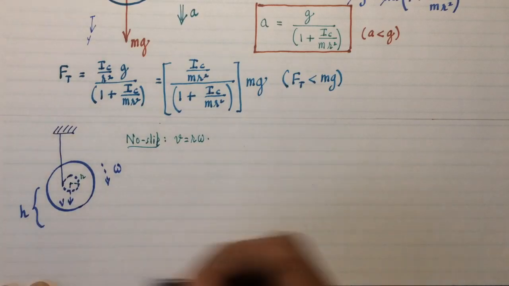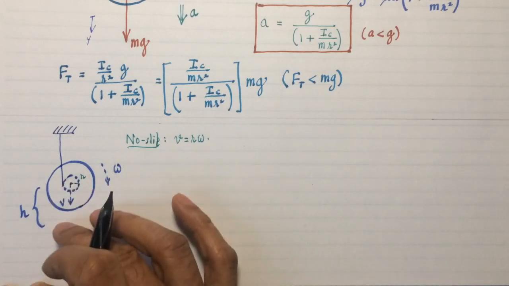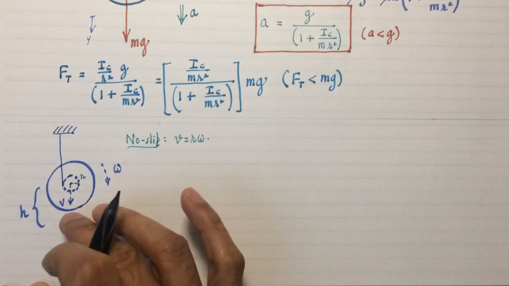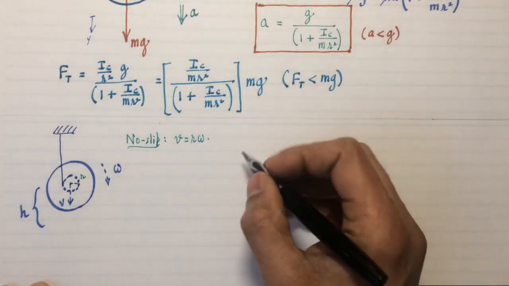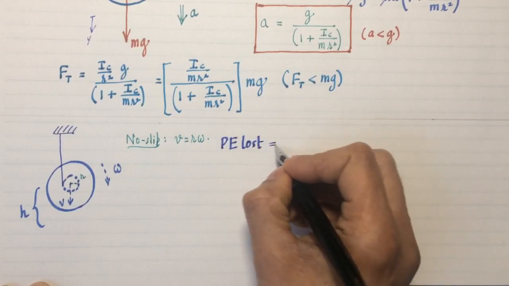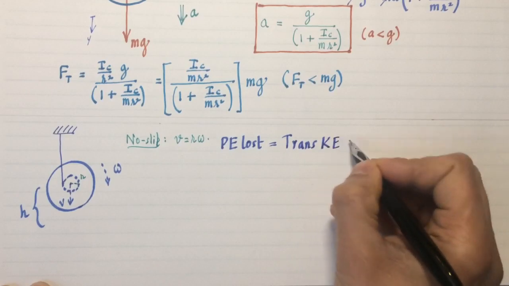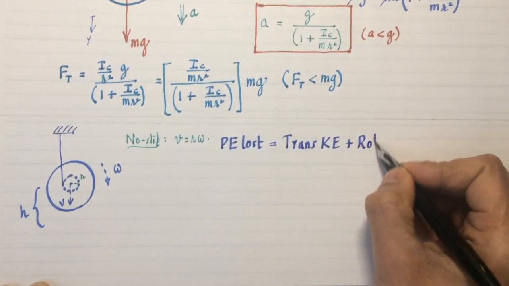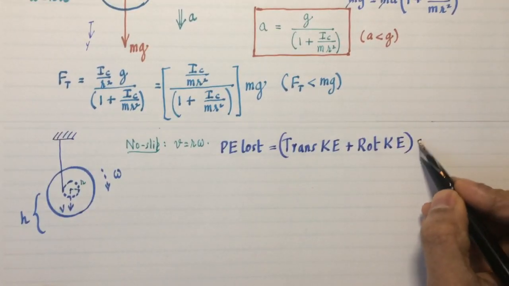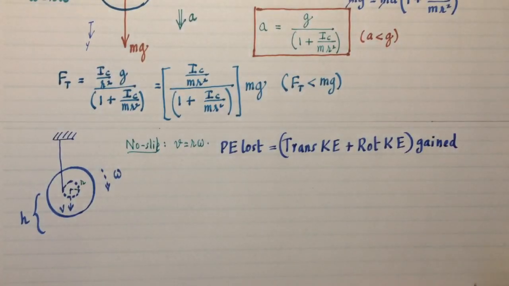So let us write the energy equation. The potential energy lost by the yo-yo's descending must be converted into both translational and rotational kinetic energy. So that's the energy accounting. Let's write down the expressions.